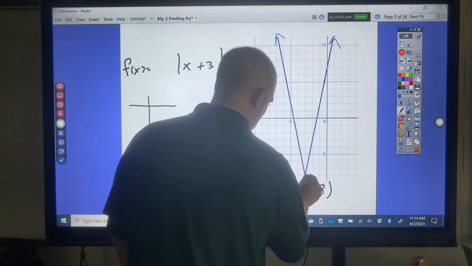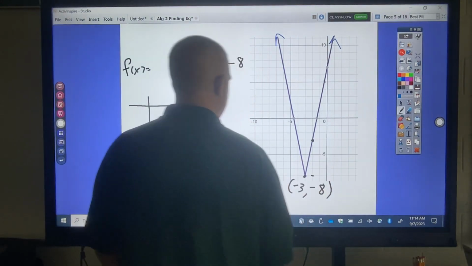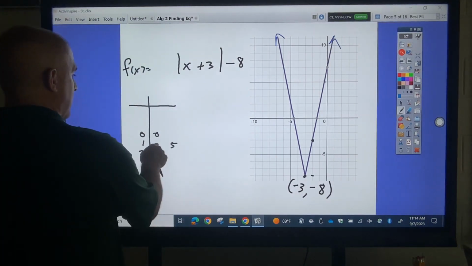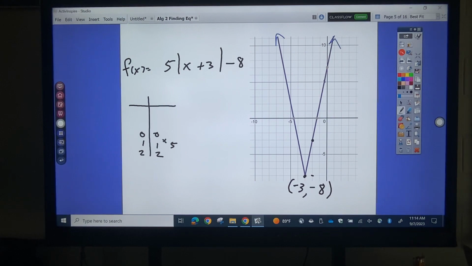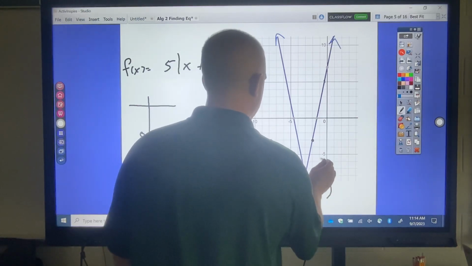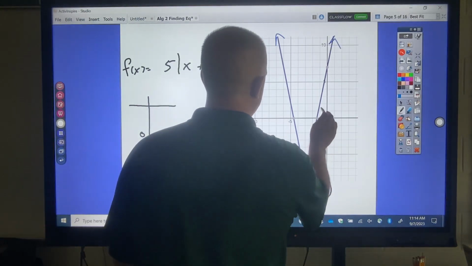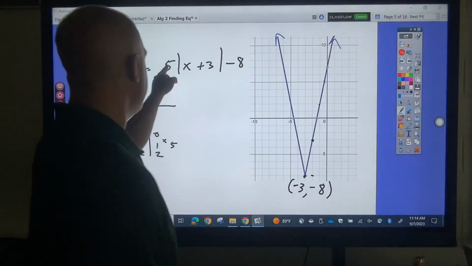Now, if I go right 1, that's 1, 2, 3, 4, 5, that it would hit. So how can I go from 1 to 5? I'd have to multiply by 5. So that's why that is stretched by 5. And then if you went 2 over, 1, 2, 3, 4, 5, 6, 7, 8, 9, 10, you would hit the other one. That's why that's a factor of 5, and you put a 5 there.